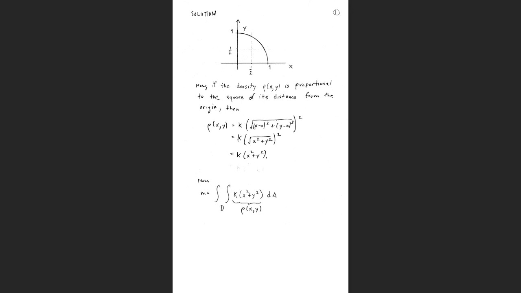And so, this is my region D. Hold on. I'm trying to make it look a little nicer.